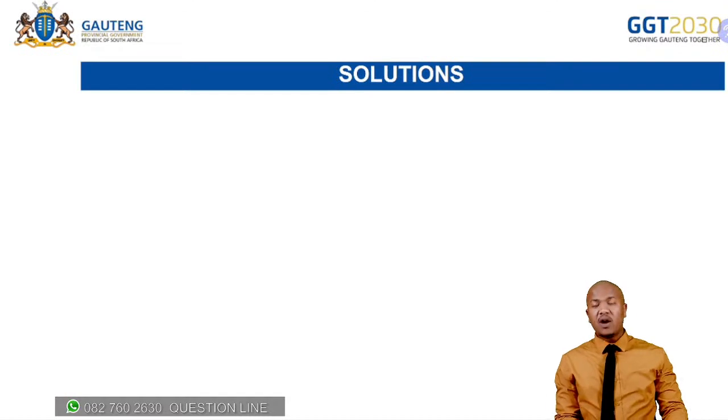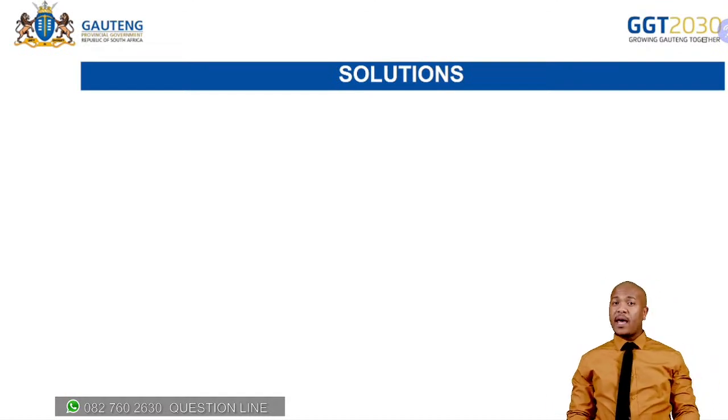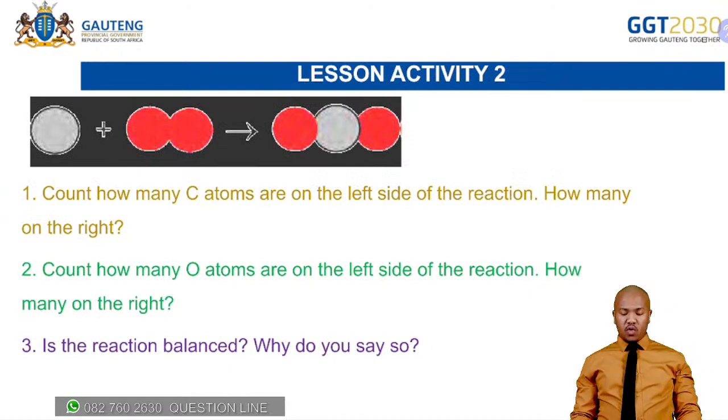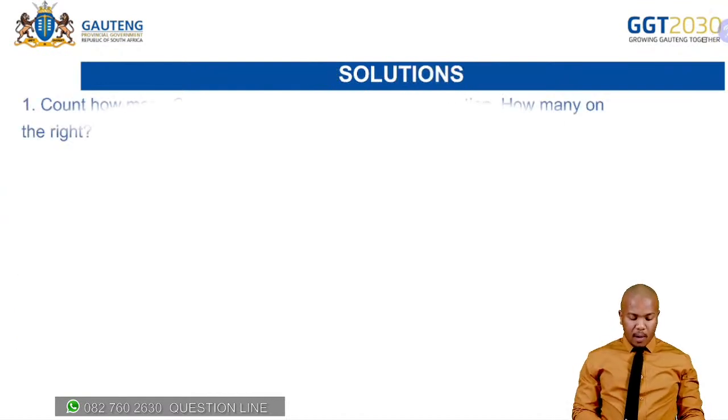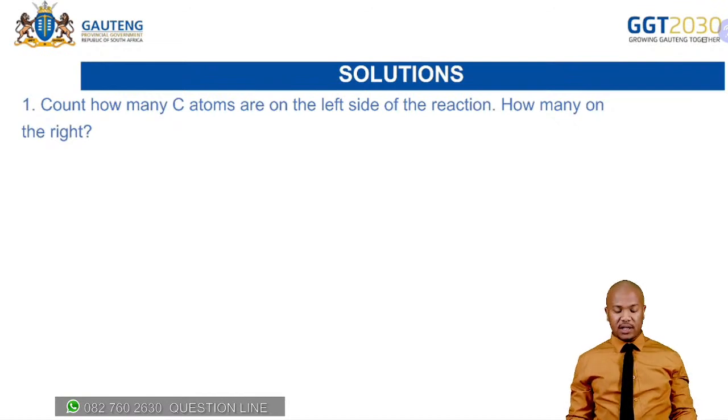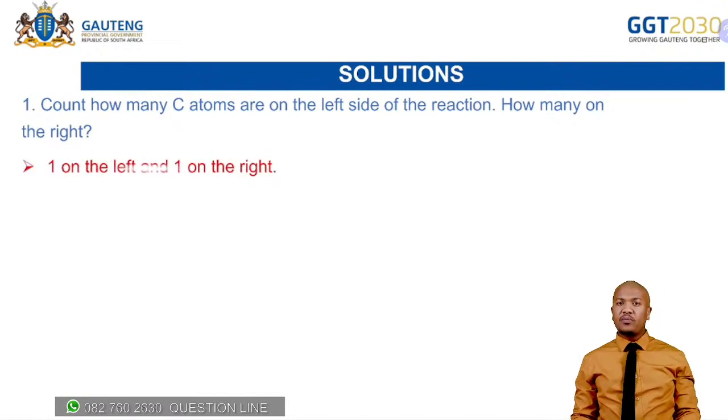Welcome back. Now let's look at the solutions for activity 2. For number 1, you needed to count how many carbon atoms are on the left-hand side of the reaction, or how many carbon atoms we have on the reactants, and how many we have on the products on the right-hand side. So your answer should be like this.